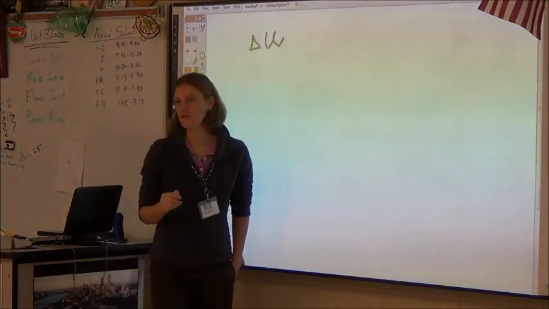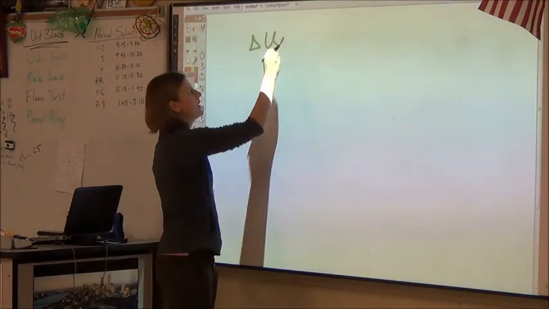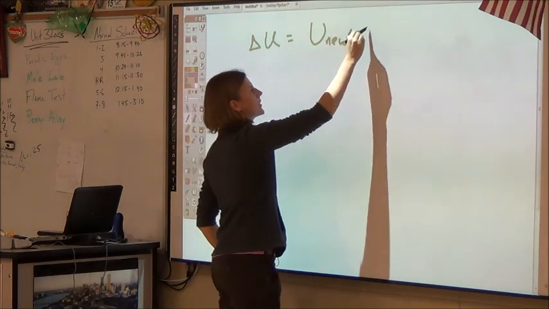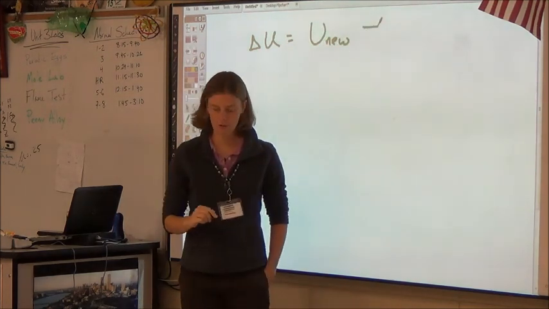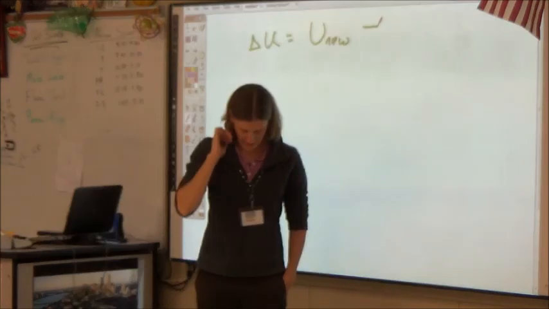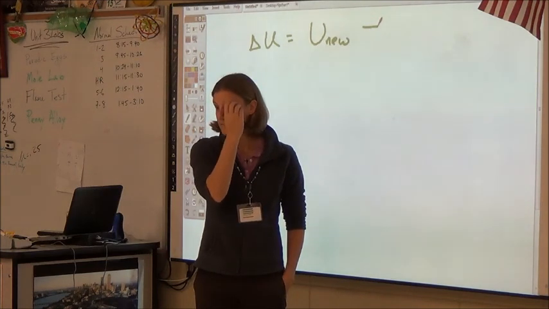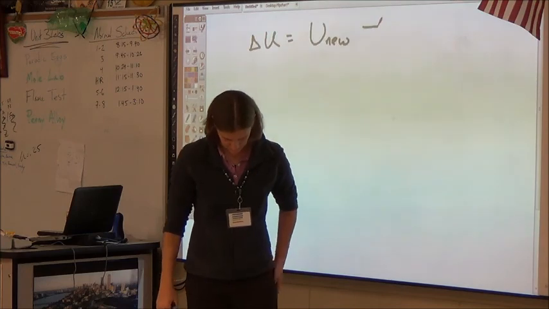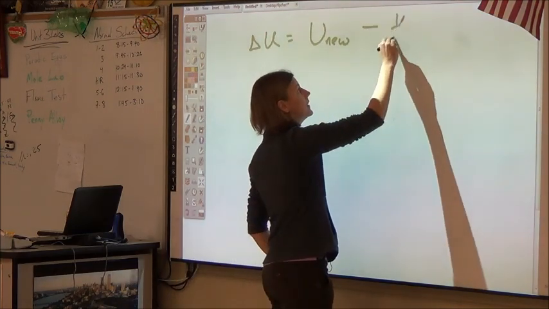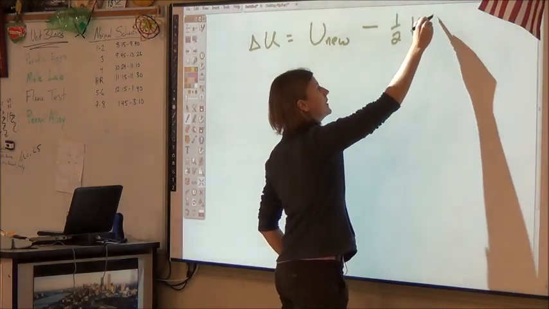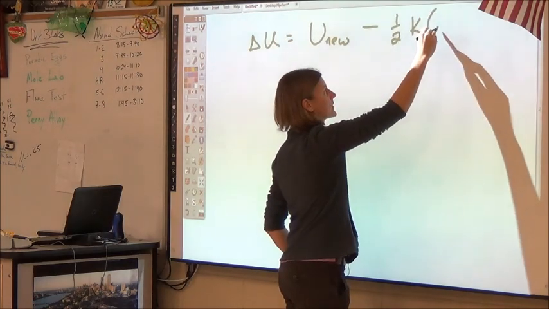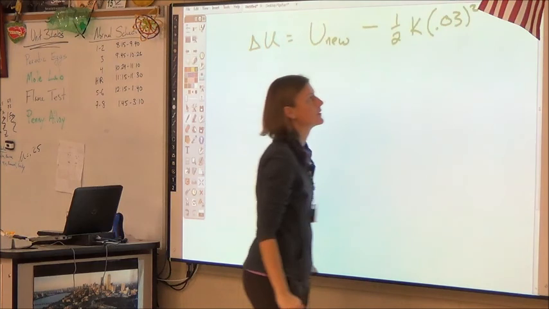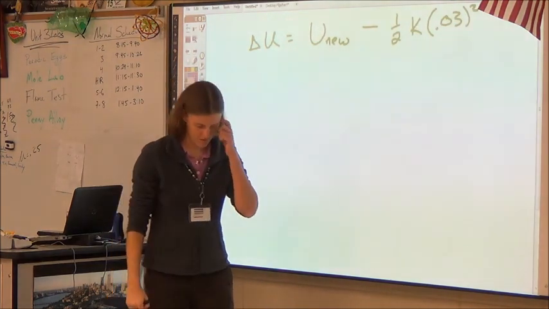So we're finding the change, and we're assuming the U initial would be calculated how? 1/2 kx squared. Good. Which in the x was 3 centimeters squared.